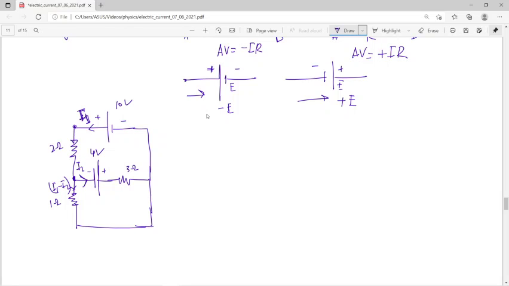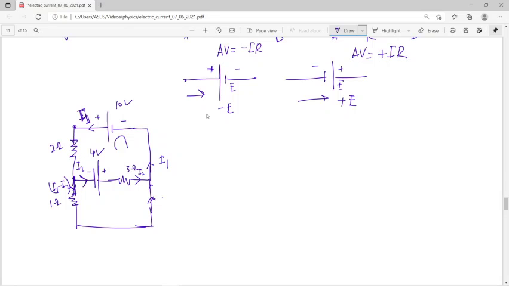We can write that, because the current I1 will be coming and it is divided into 2 parts. So this is I1 minus I2, and here also I1 will be flowing, because I1 minus I2 and I2 added will produce I1. So I can break it like that.